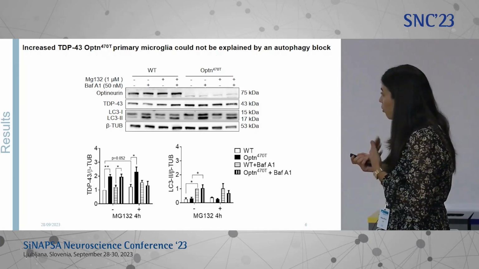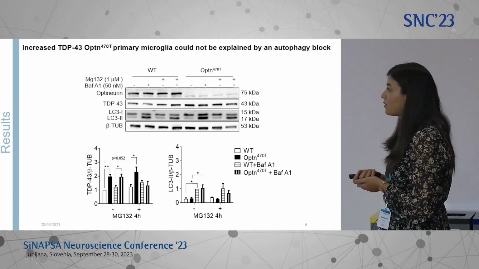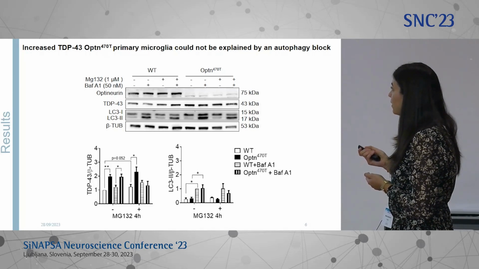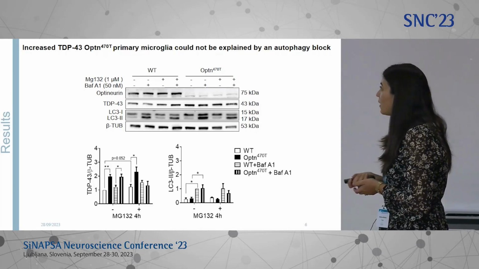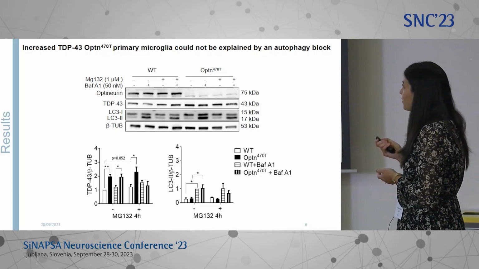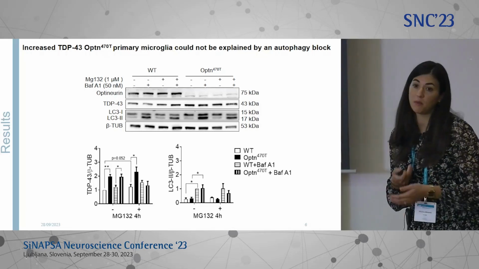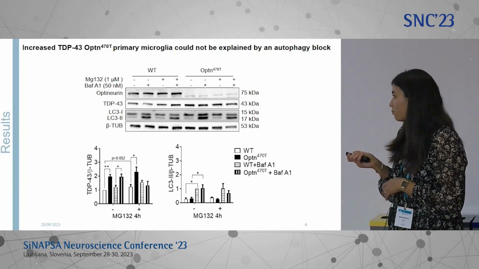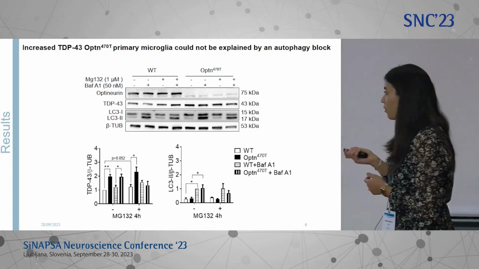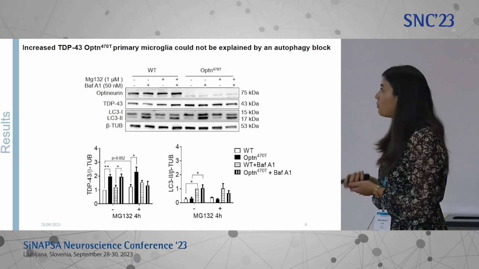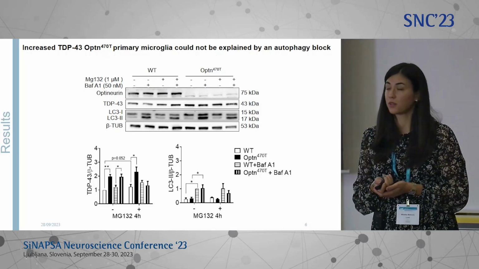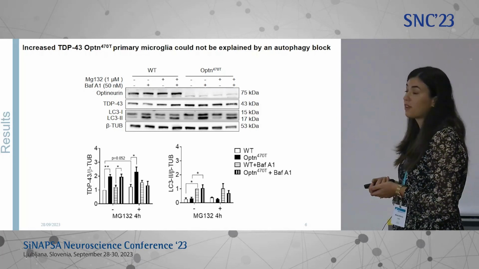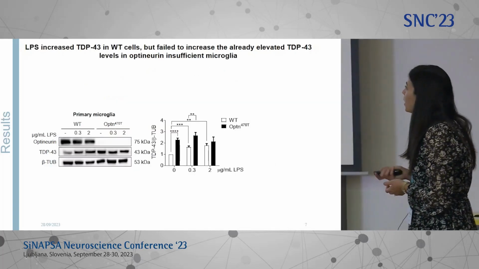What is more important, we tested LC3 as a main marker of autophagy, and you can nicely see here and also here that in both wild-type and knock-in cells we have similar turnover and similar LC3 protein concentration. This means that increased TDP43 protein levels in knock-in primary microglia could not, for now, be explained by an autophagy block.